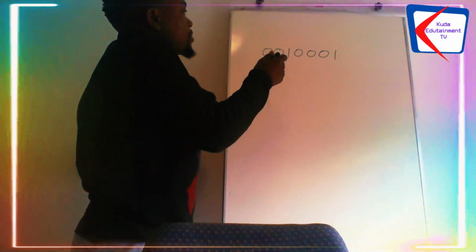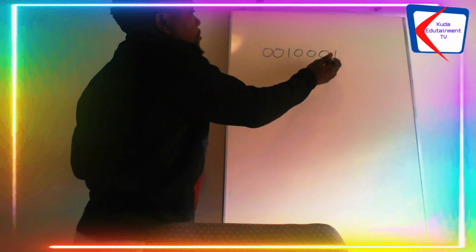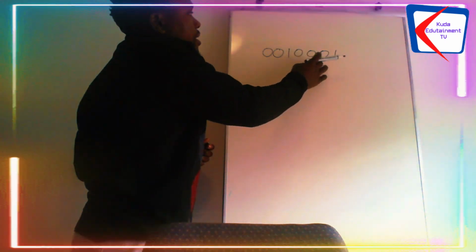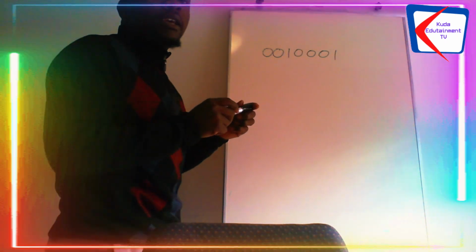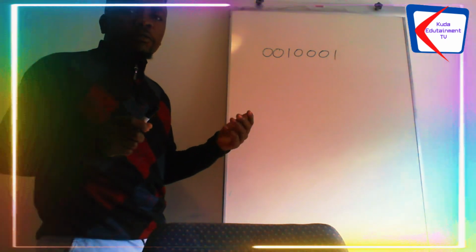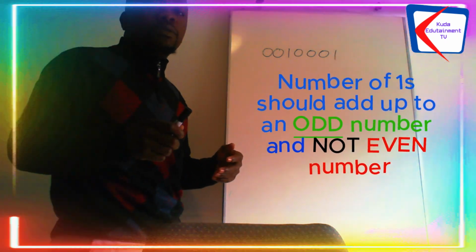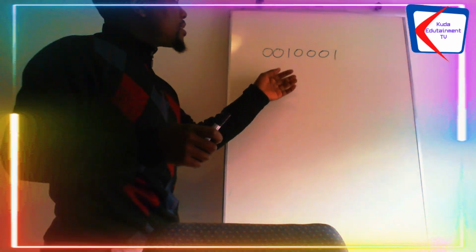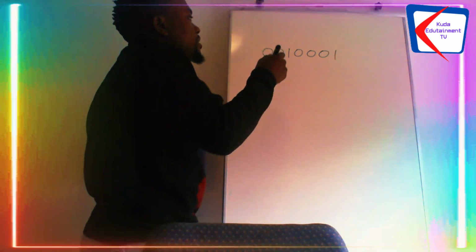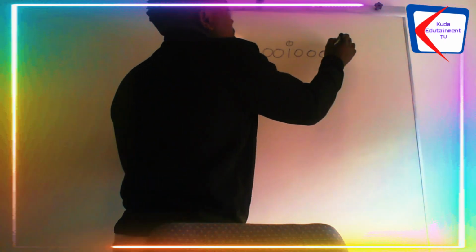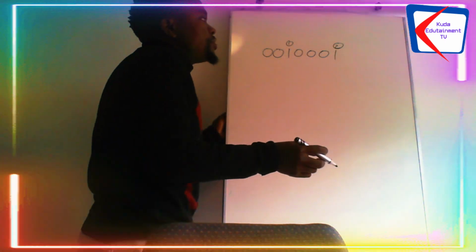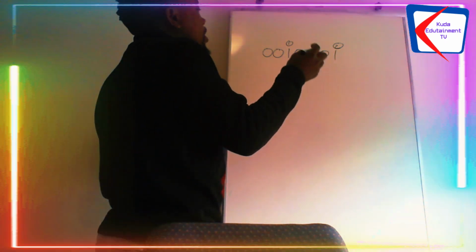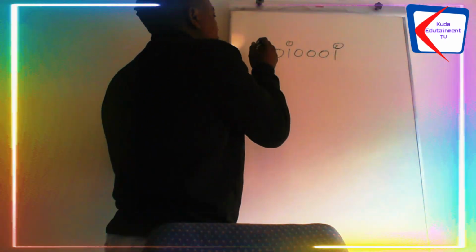Our binary number has got 1, 2, 3, 4, 5 zeros and 2 ones. Remember we said in an odd parity, the number of ones must be adding up to an even number. So in this case, the number of ones are already adding up to an even number, which is 1 and 2. So what should be our parity bit? So our parity bit should be a 0.